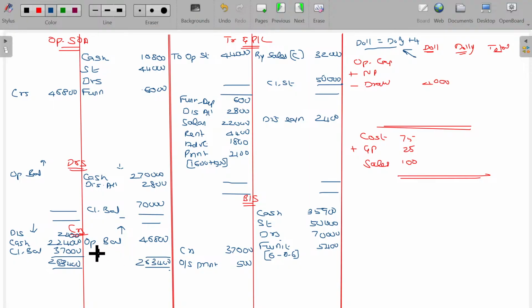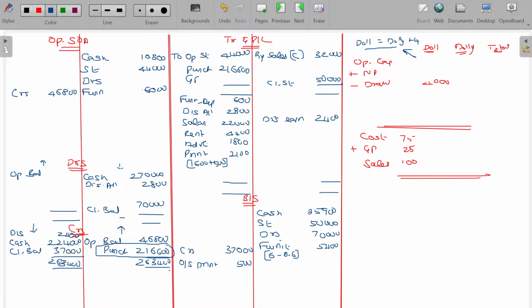Now what about the balancing figure? 2,16,600. What should this balancing figure be? Purchases. This should be the purchases. Purchases being 2,16,600. Clear?